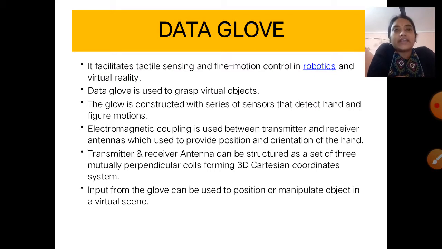It facilitates tactile sensing and fine motion control in robotics. Data globe is used to grasp virtual objects. The globe is constructed with a series of sensors that detect hand and finger motion.